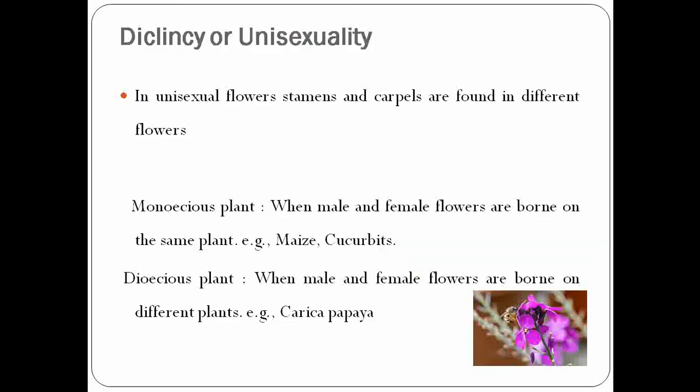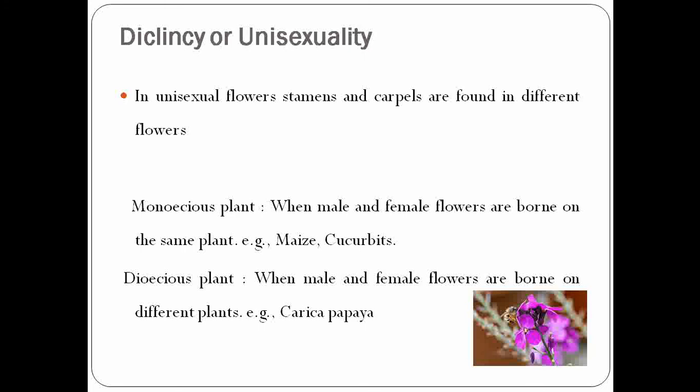So the first condition to achieve cross pollination is that the flower should be unisexual, because if the flower is bisexual, then most probably self pollination can take place. But if the flower is unisexual, maybe a male flower or a female flower, then there is a chance of cross pollination.